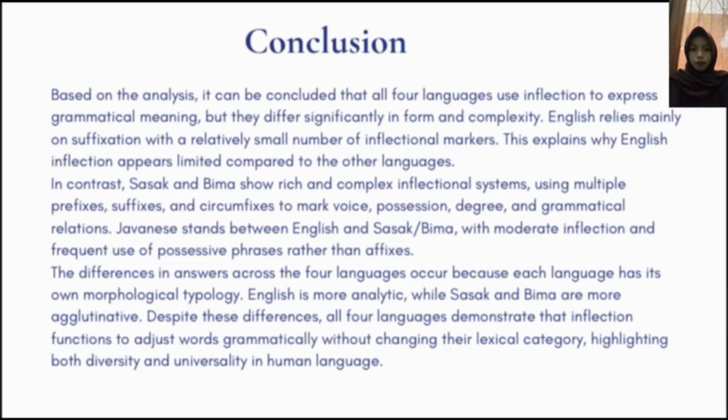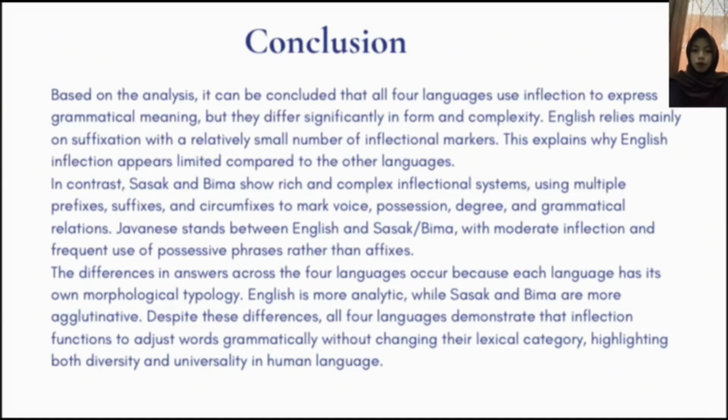Javanese stands between English and Sasak or Bima, with moderate inflection and frequent use of possessive phrases rather than affixes. The differences across the four languages occur because each language has its own morphological typology.